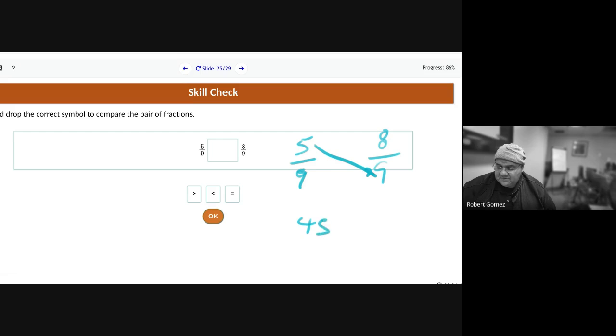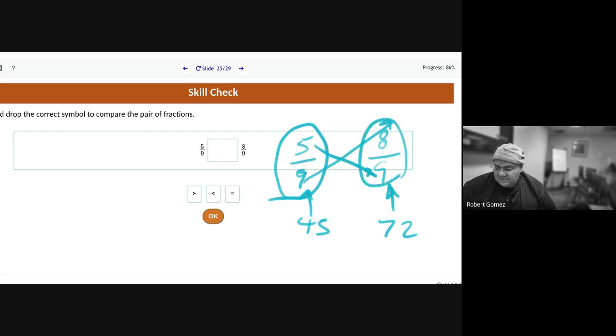So 45 is going to be the first numerator, okay? And 45 is going to go to this one right here. And then I'm going to multiply 9 times 8, and that's going to give me 72. And 72 is going to go to this one right here.